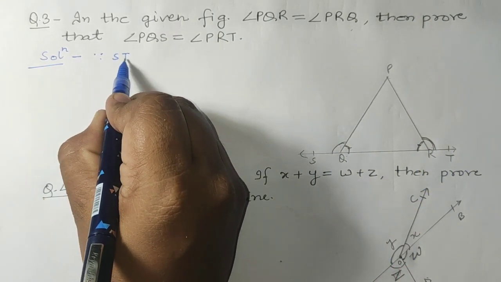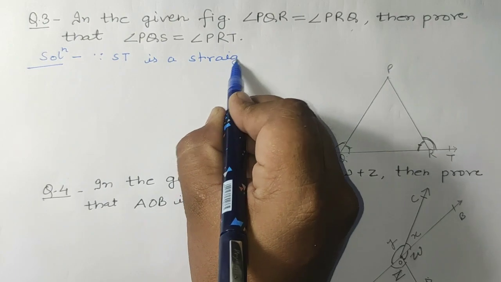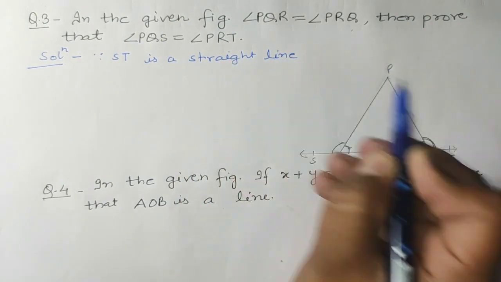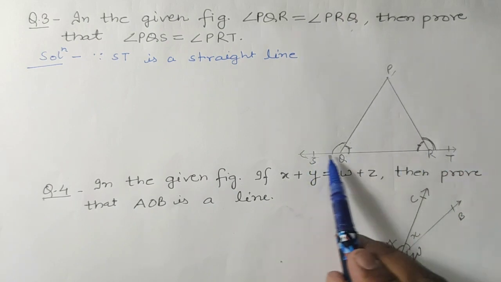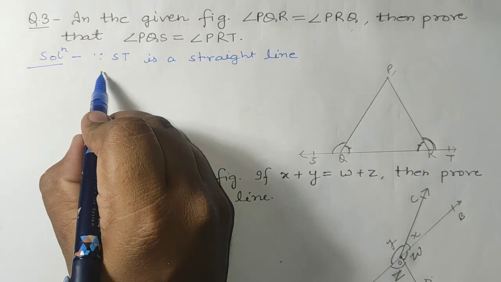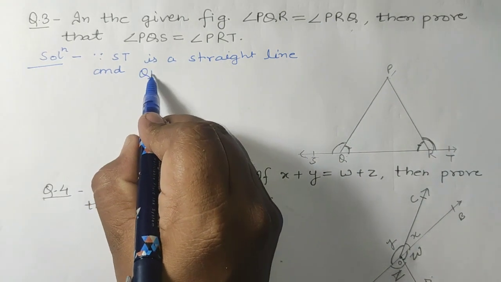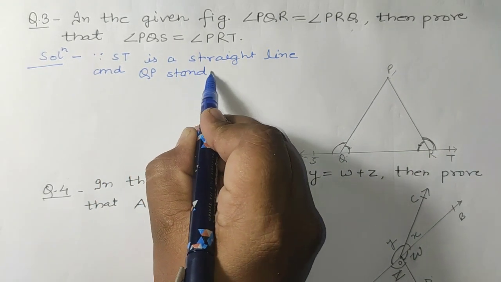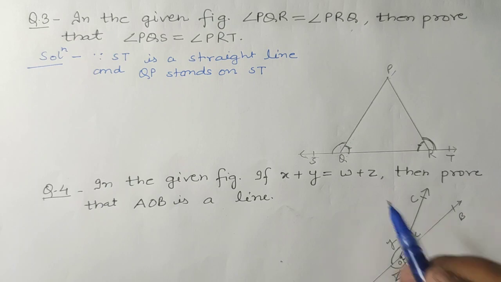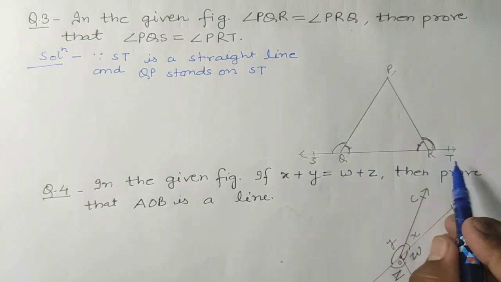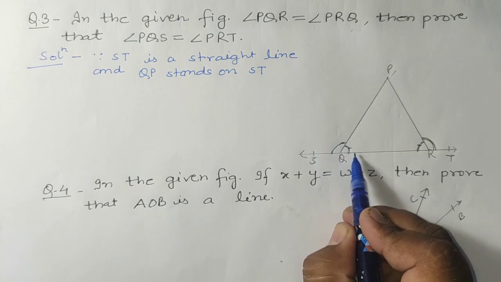Since ST is a straight line, and QP stands on this straight line, or you can say the ray QP stands on line ST. So if ray QP is standing on ST, then from the linear pair axiom we can say the sum of these two angles is what?